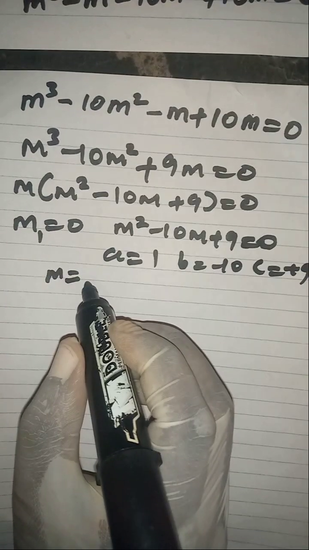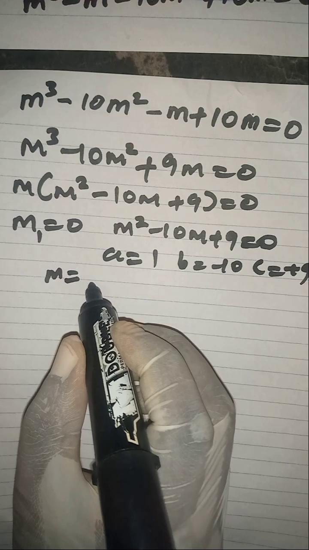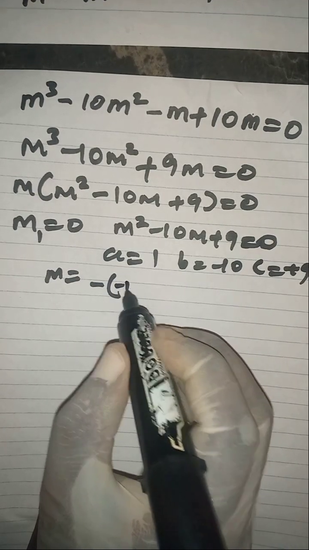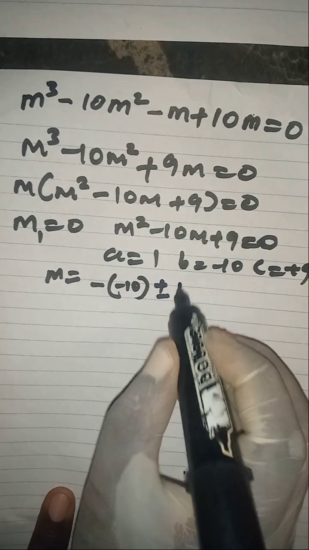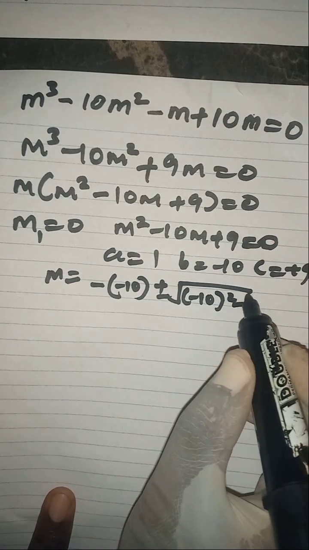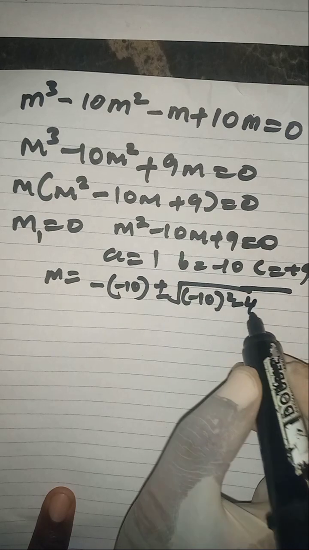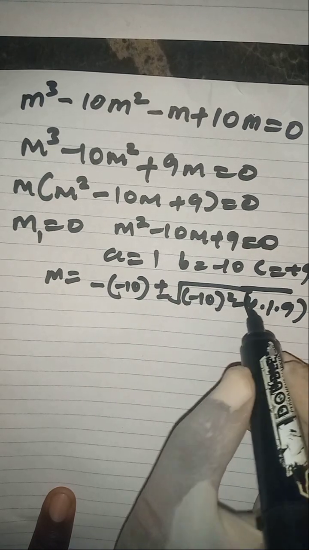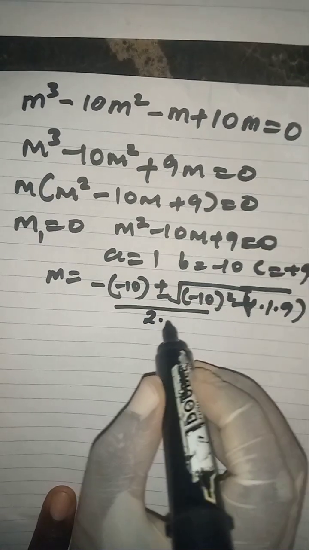So solving it quadratically, I'm going to get m is equal to negative b plus or minus the square root of b squared minus 4 times a times c, everything over 2 times a.